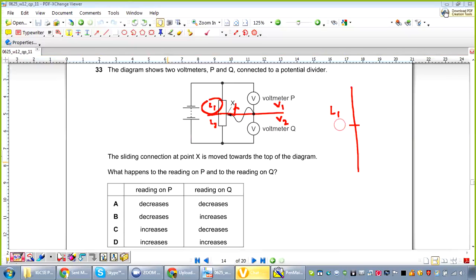This is L1 and this is L2. Decreasing. If I'm taking this over here, then obviously this part is decreased. So obviously the voltmeter voltage will also decrease, and in the same way, here the voltage will increase. So the reading on P decreases and the reading on Q increases. Okay.